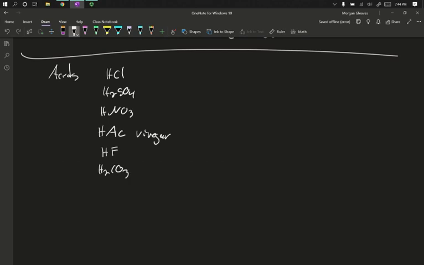There's more and more and more. All of these can give away at least one H+. Some of them can give away more than one H+. All of those are acids.